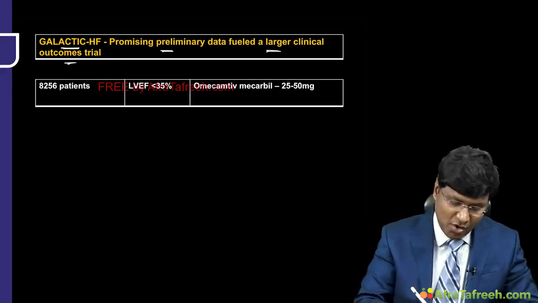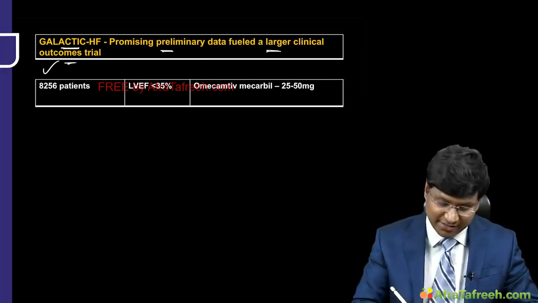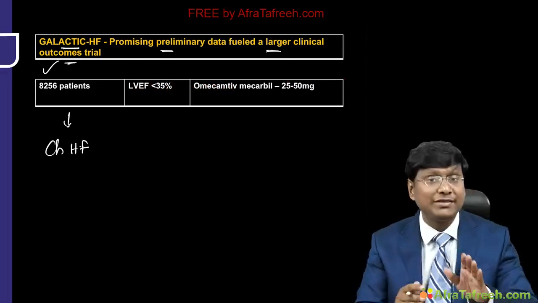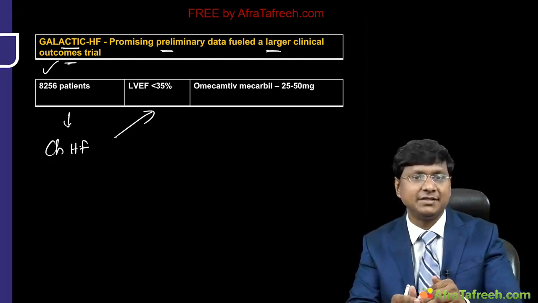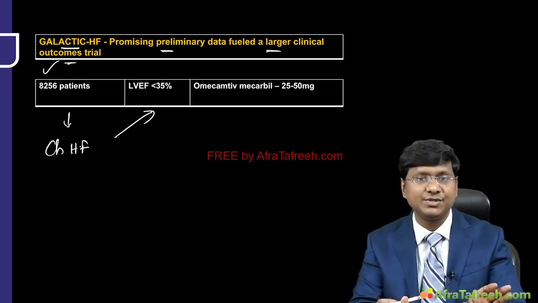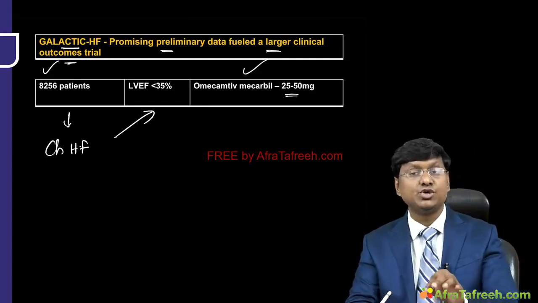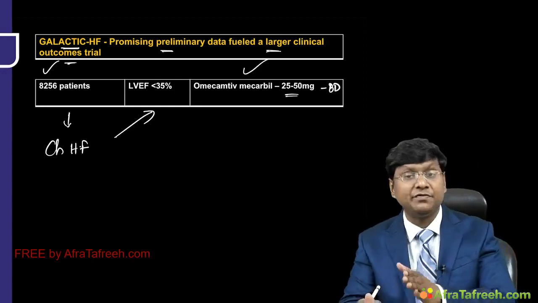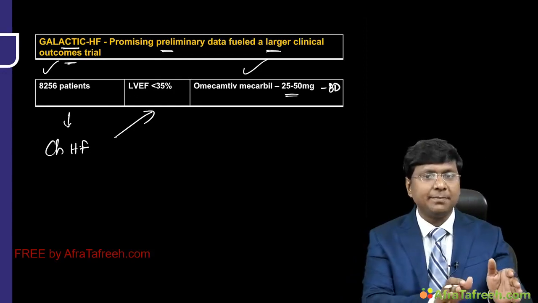So in this trial, almost 8,256 patients with chronic heart failure and ejection fraction less than 35% were taken and randomized. In these patients, omecamtiv mecarbil was given at a dosage of 25 to 50 milligrams twice daily to one set of patients.